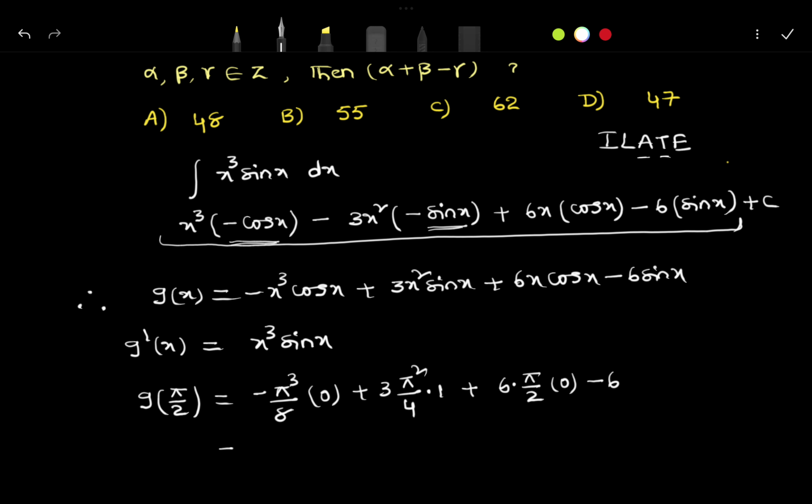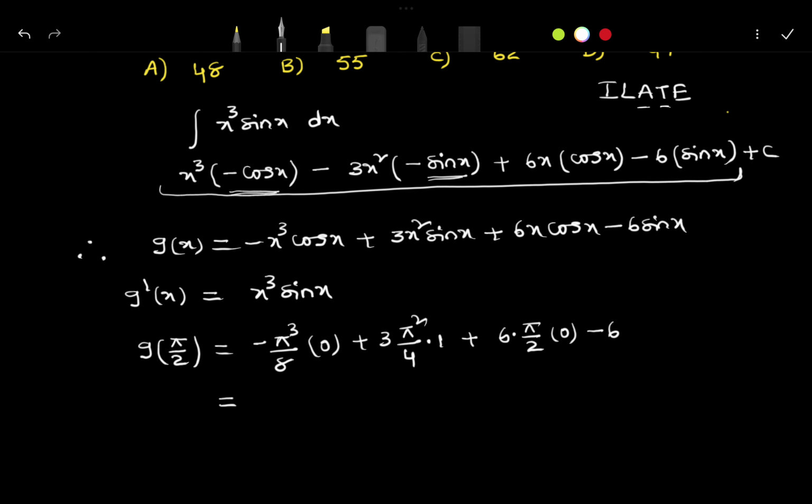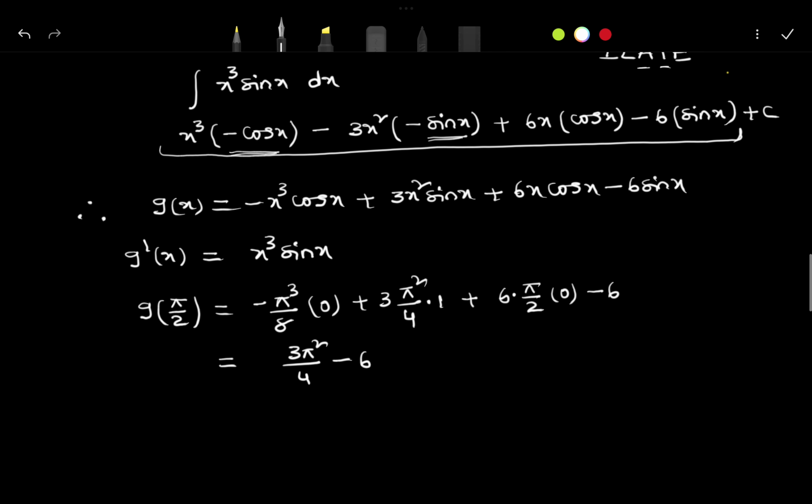So totally g of pi by 2 value is 3 into pi square by 4, minus 6. So this is g of pi by 2.